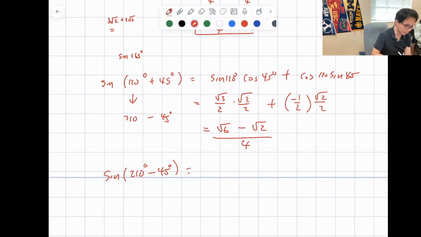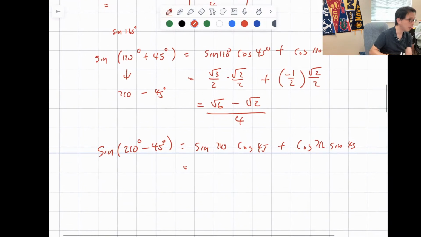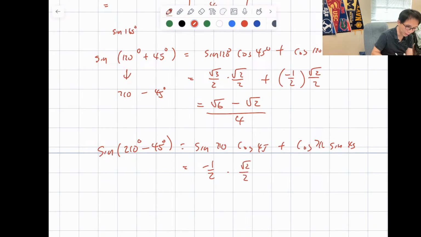So let's try this one. So it'll be sine, cosine, cosine, sine, right? And this is 210. And this is 45. Ian, are you writing down stuff? Okay, so sine of 210 is what? Negative half, right? And this one is gonna be what? Square root 2 over 2, and a plus.